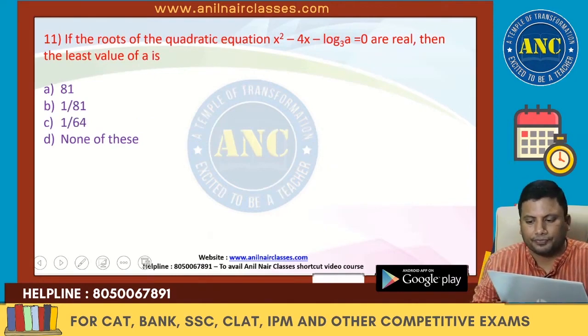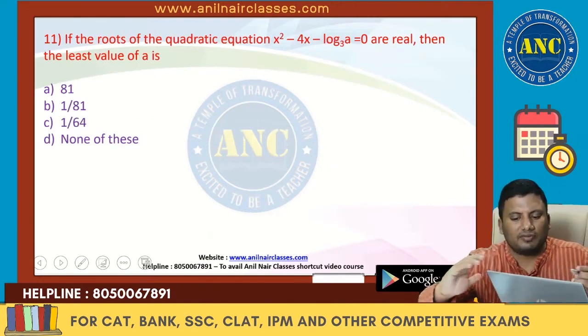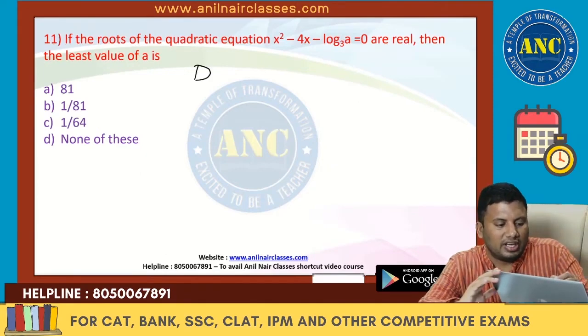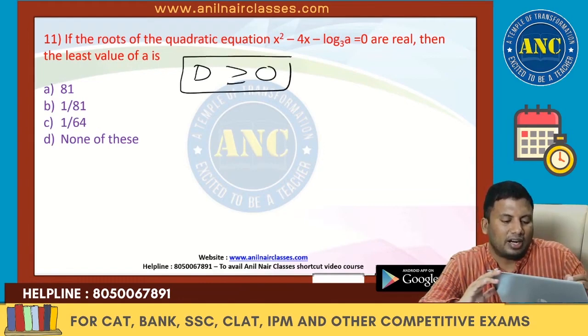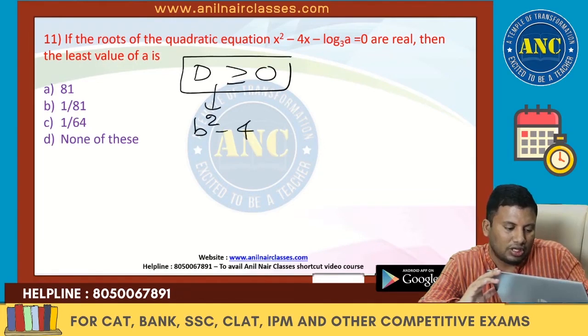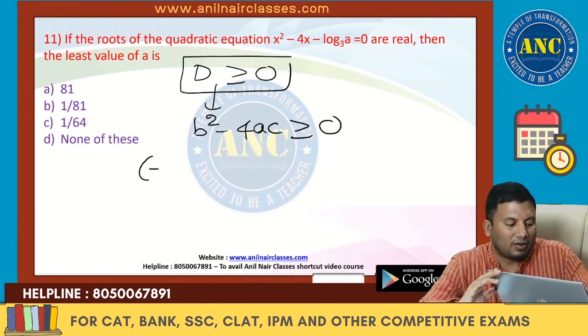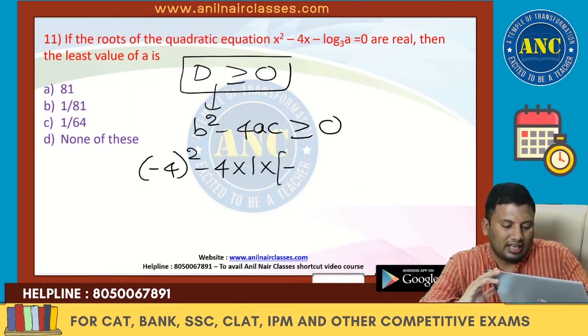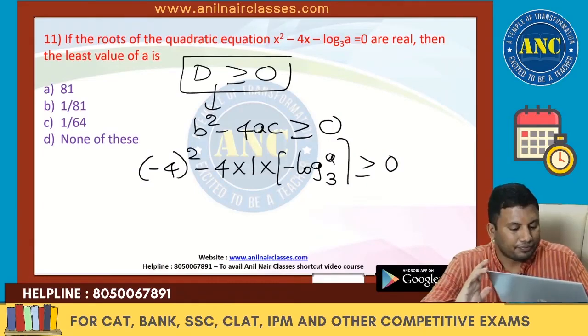Next one. If the roots of the equation are real, the discriminant is greater than or equivalent to 0. B square minus 4ac is greater than or equivalent to 0. So minus 4 square minus 4 into ac, which is minus log a cube, is greater than or equivalent to 0.